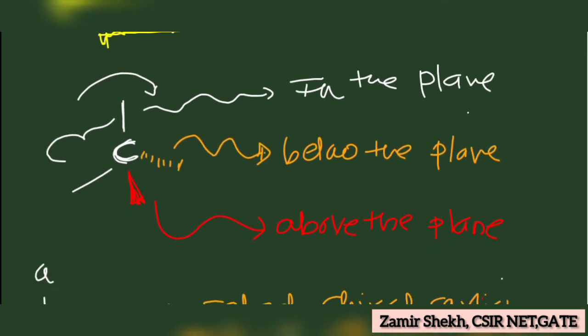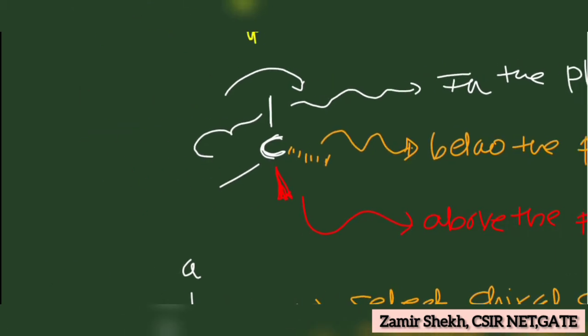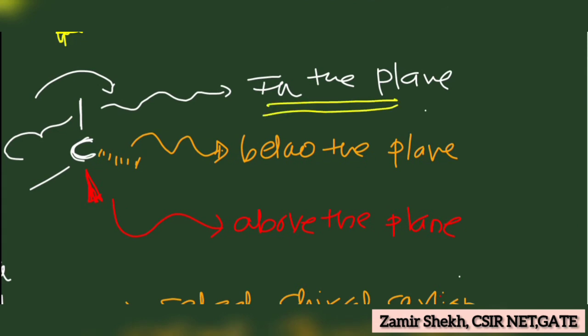A tetrahedral carbon is non-planar, and you know that carbon consists of 4 bonds. Out of the 4 bonds, 2 bonds are in a plane, indicated by white lines. The yellow colored one is the atom or group present below the plane, away from the observer, while the red color, mentioned in the thick line, is the bond or group present above the plane, nearer to the observer.